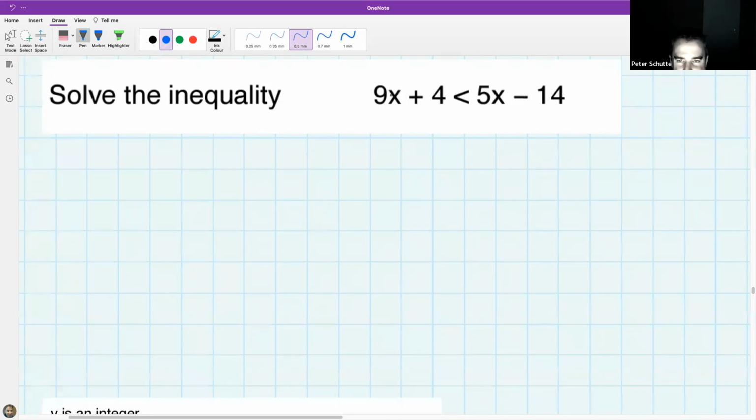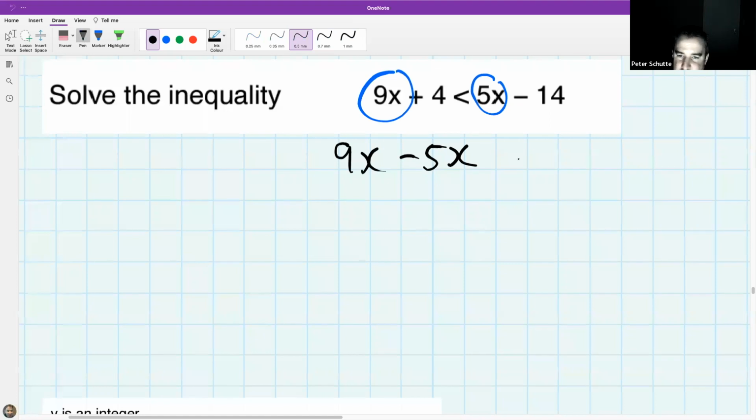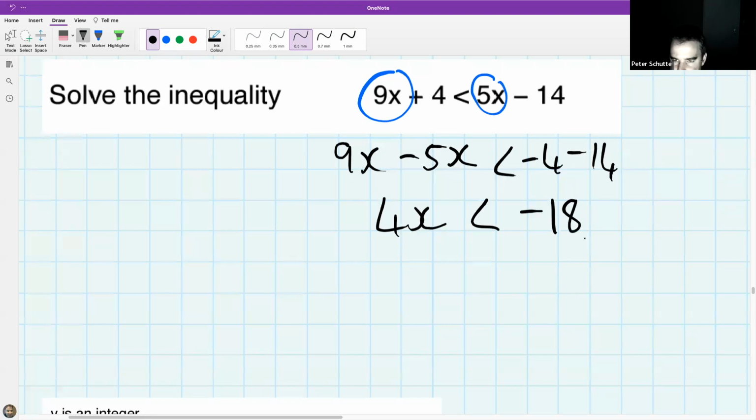Okay, so if this was an equation, normally you would move all the variables to one side. And so my first step would be to do this and then bring the 4 across where it becomes -4 minus 14. So that would be step 1, like an equation. Notice that you didn't divide and you didn't multiply, so there's no switching whatsoever. Then I would say this is 4x and this is minus 18.